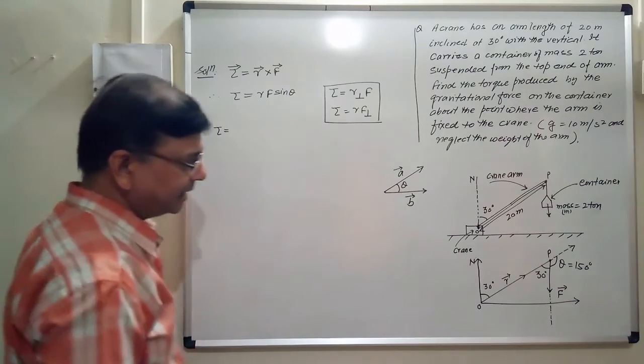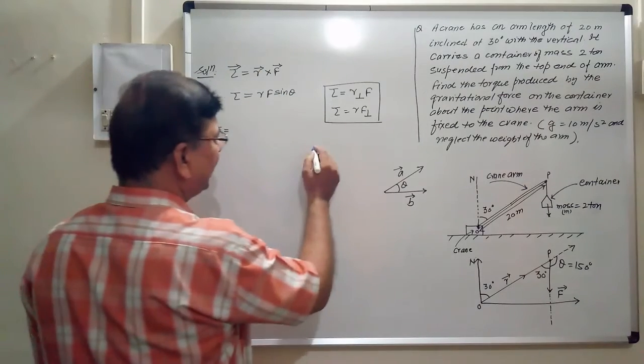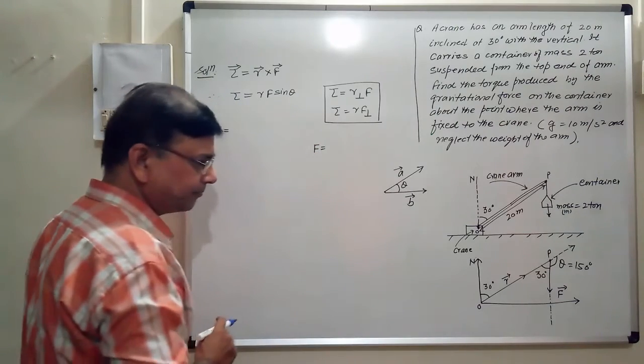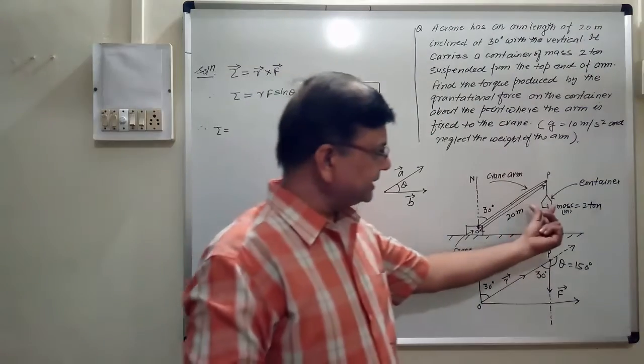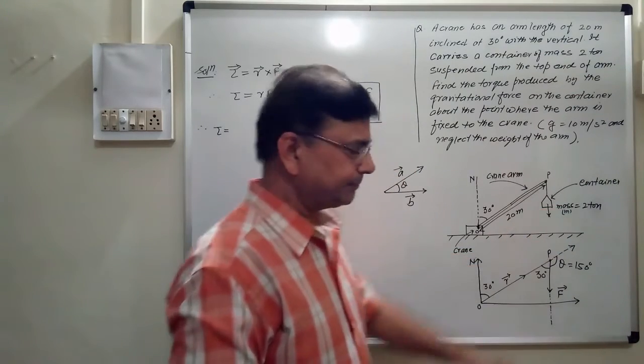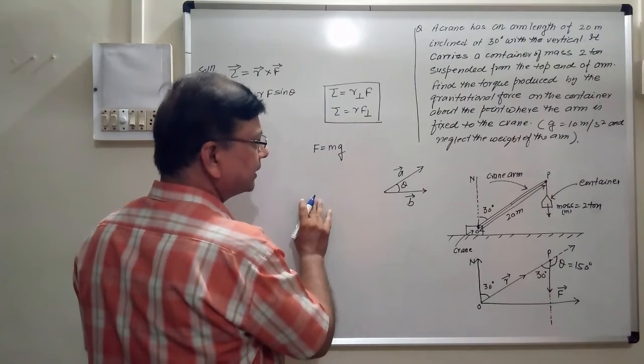Therefore, tau is equal to R... before going for tau, to find the tau, I will find F. So F is equal to what? Magnitude of the force. This is the container and force acting on this is mg. F is mg is the force, right?